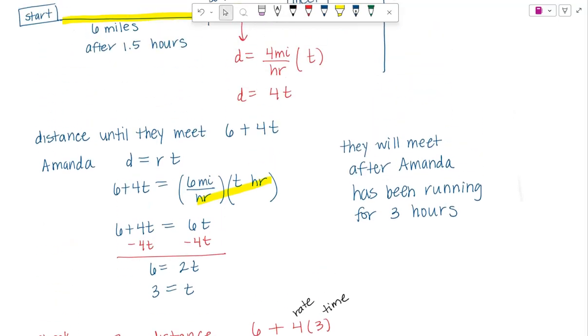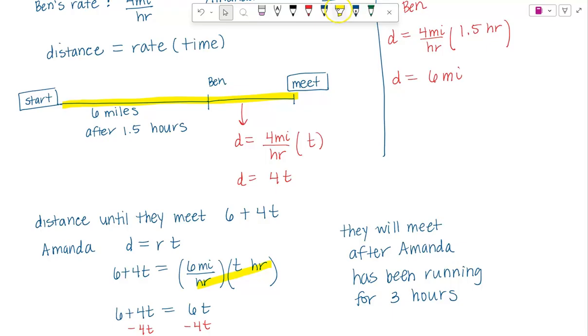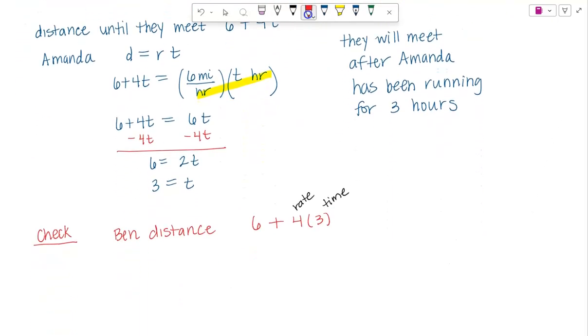Let's look back at our picture. He goes 6 miles for this first part, and then he goes 4 miles an hour for the next 3 hours. So it looks like the total distance that he's going to travel is 6 plus 12, which is 18 miles. That's pretty far. Let's look at Amanda's distance.